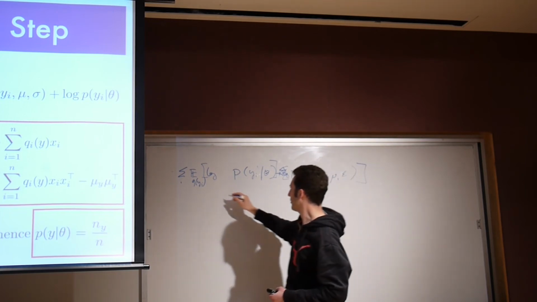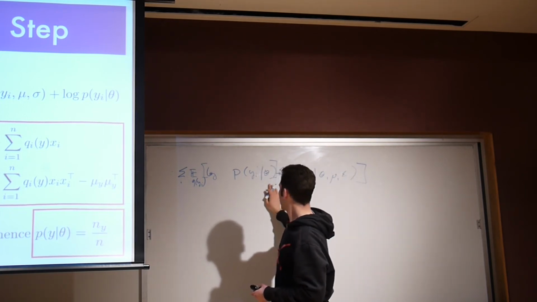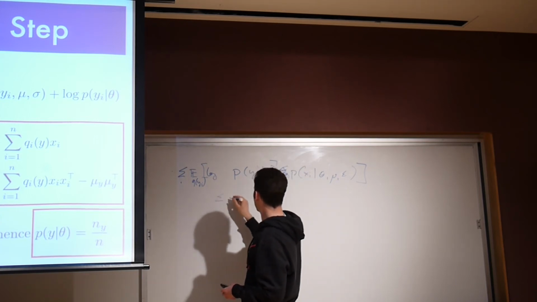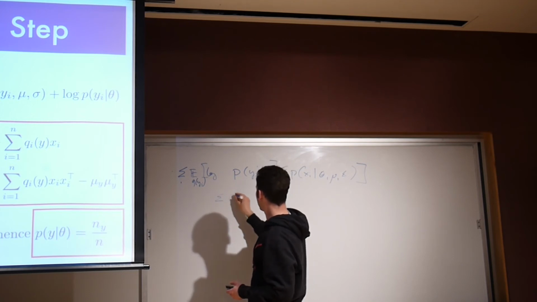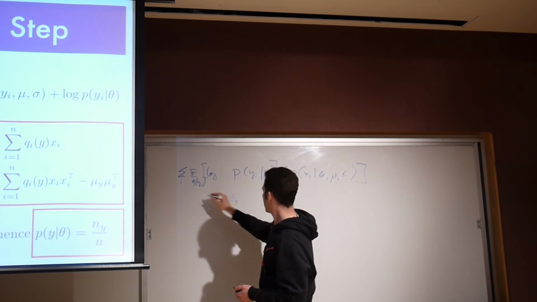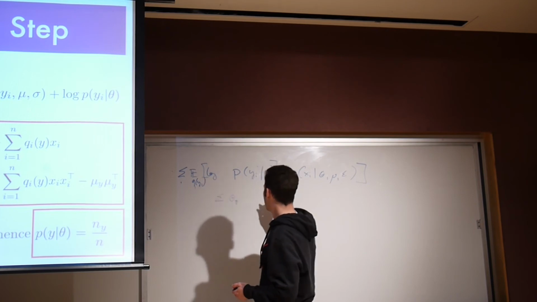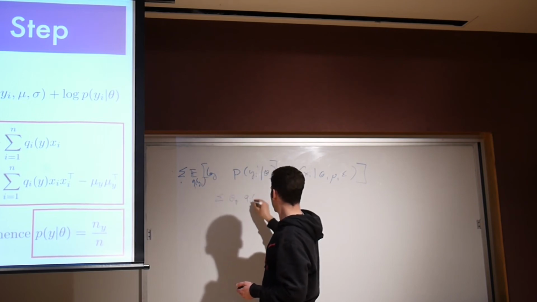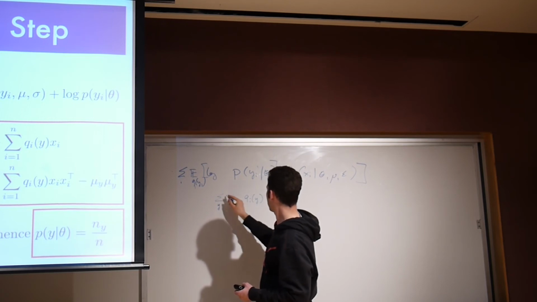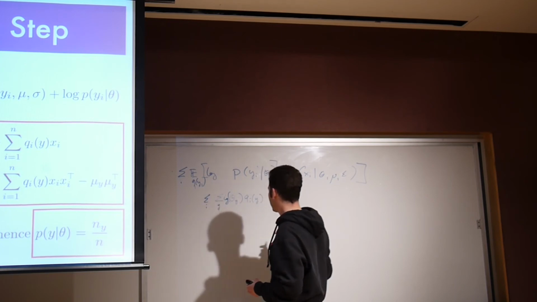So let's attack the first term first. This is basically just going to be the sum over y of theta y times qi of y, and here we have the sum over all the i's.